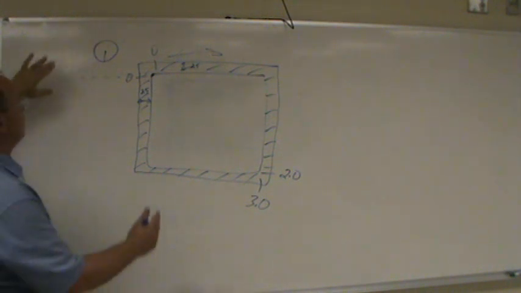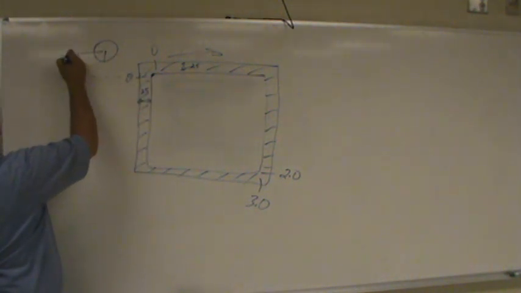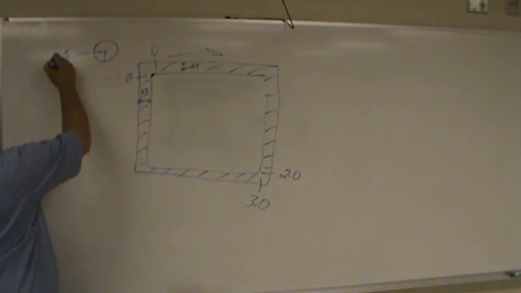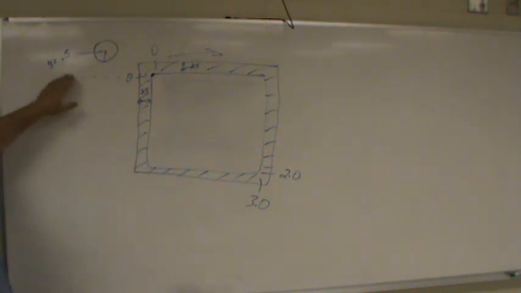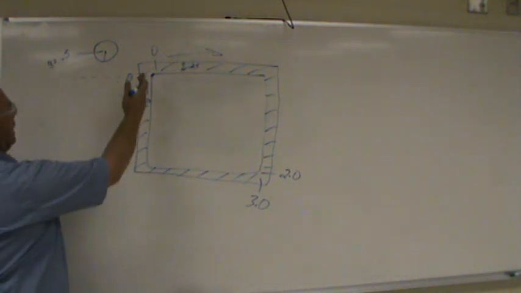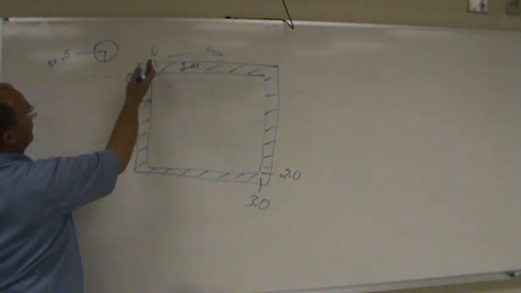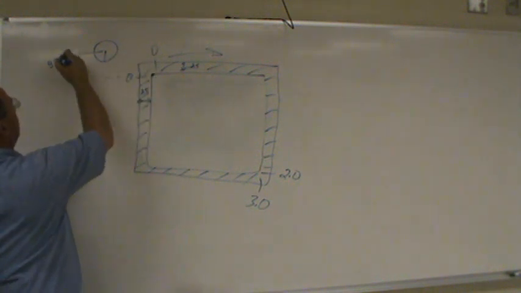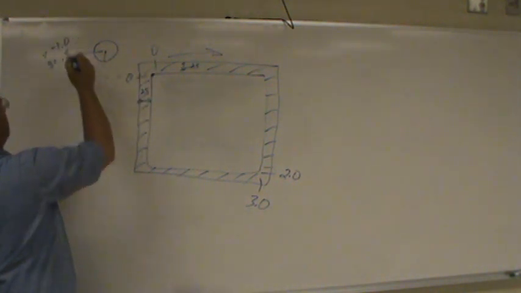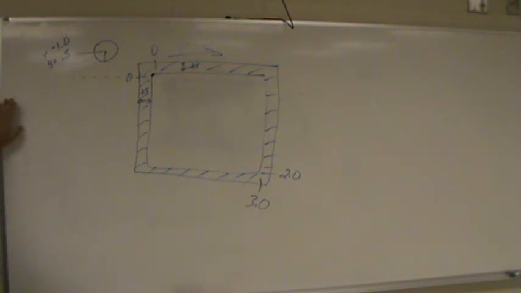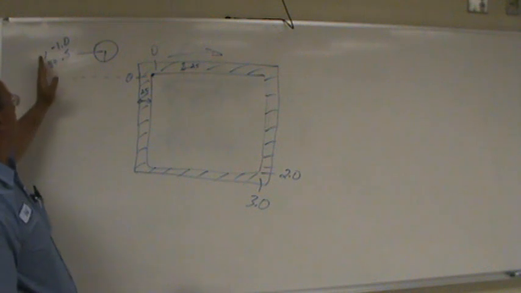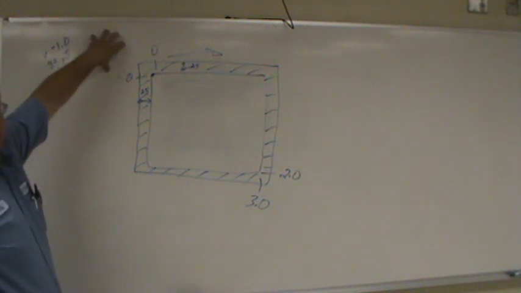So if this is my 0, I'm going to start 0.5 in the Y. And then for the X, you just want to make sure you start off of it, so even if you said X -1. So you're going to start off your part like that. We've got our start point.